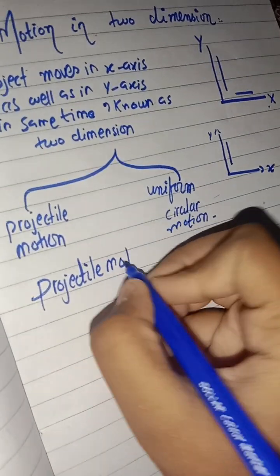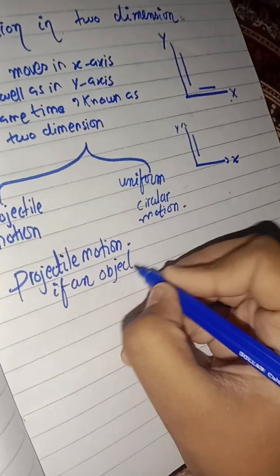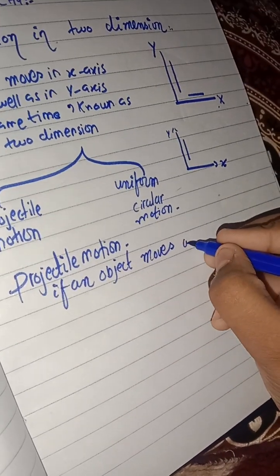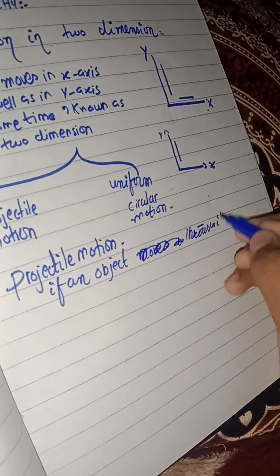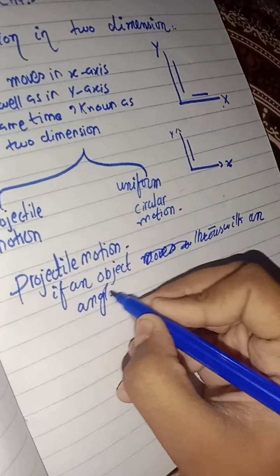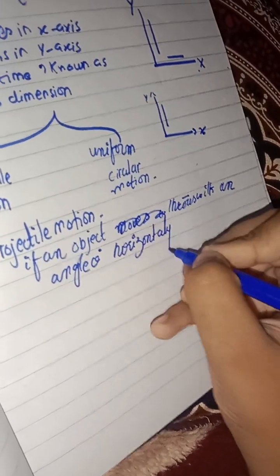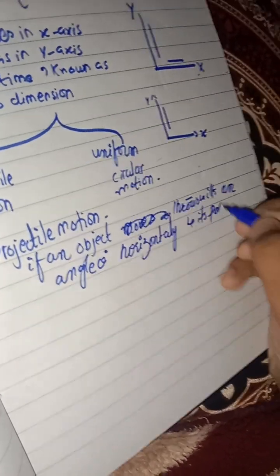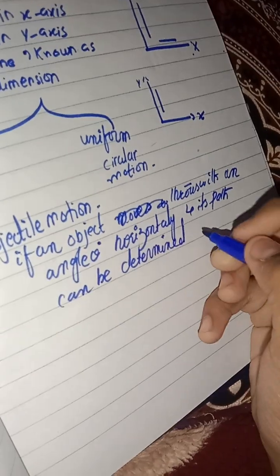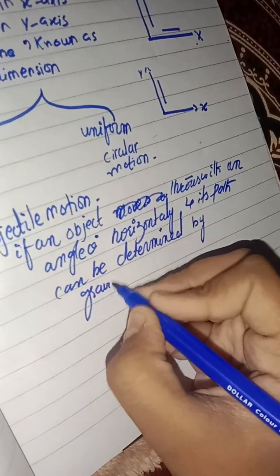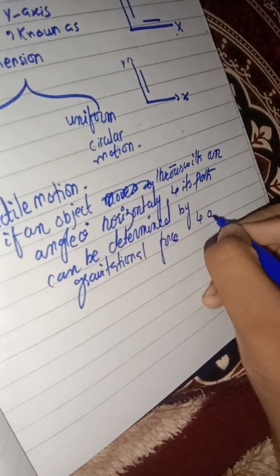Projectile motion: if an object is thrown with an angle theta horizontally, its path can be determined by the gravitational force, or we can say by air resistance.